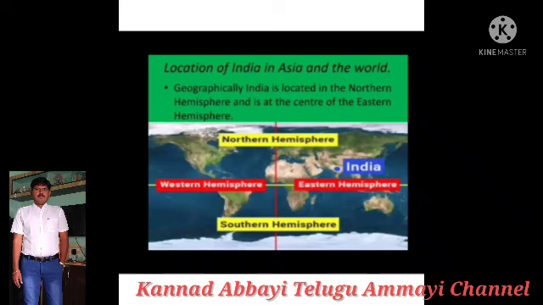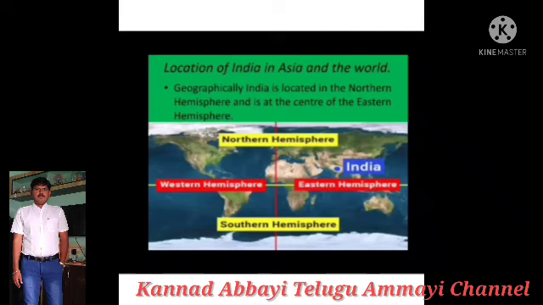In the same way, there is one more yellow line, called the equator, which passes through the middle of the earth and divides it into 2 equal halves, the northern hemisphere and the southern hemisphere.